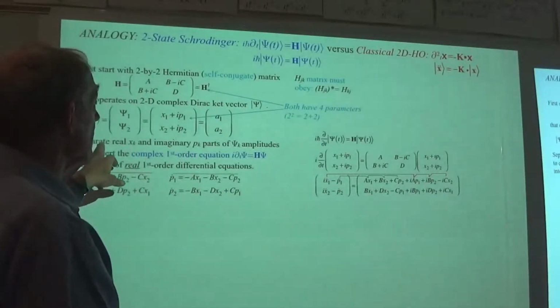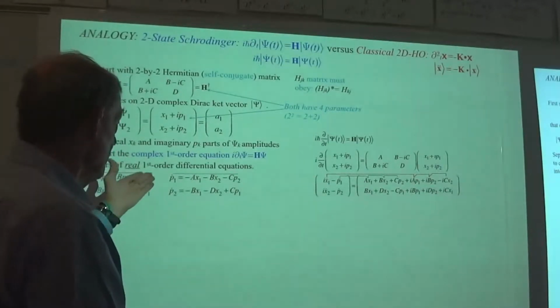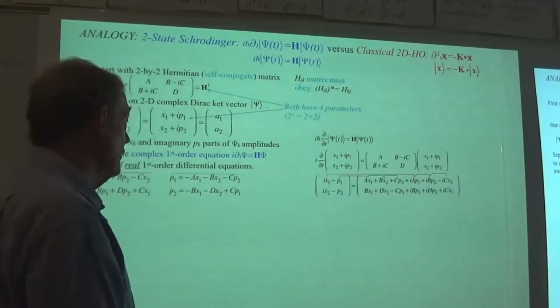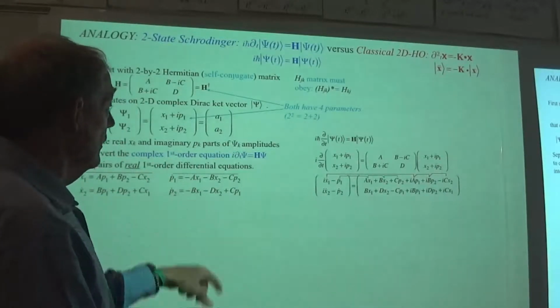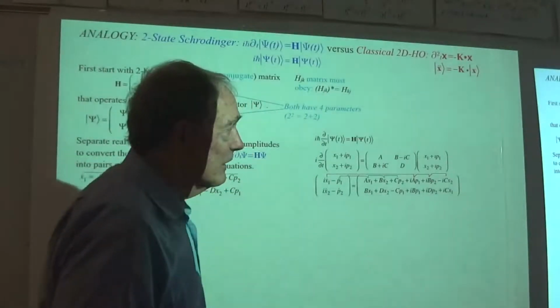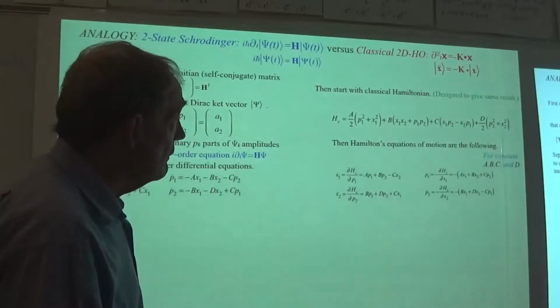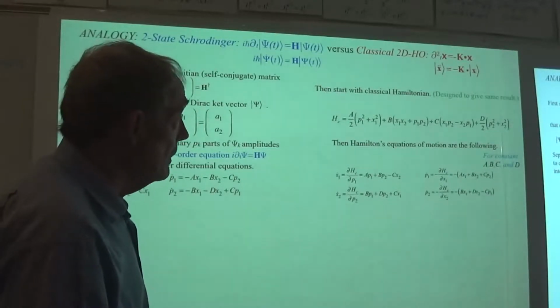If I separate the imaginary and real parts of this, I get first order differential equations for all 4 variables. And then we look at this one in detail and see that it can give you an equation of motion as well.